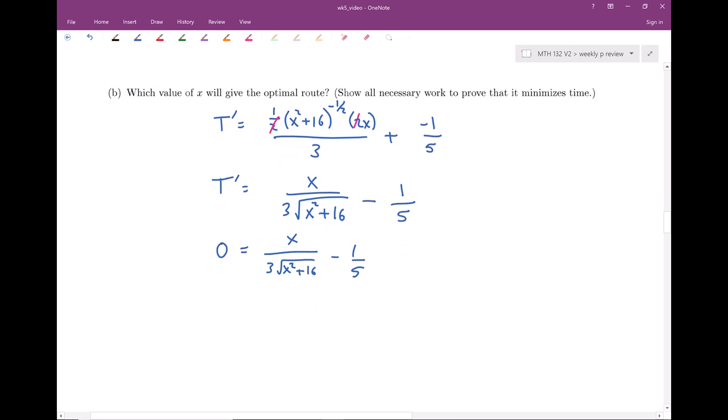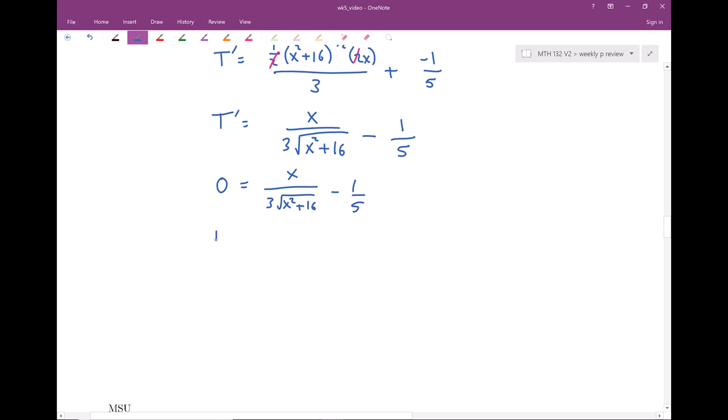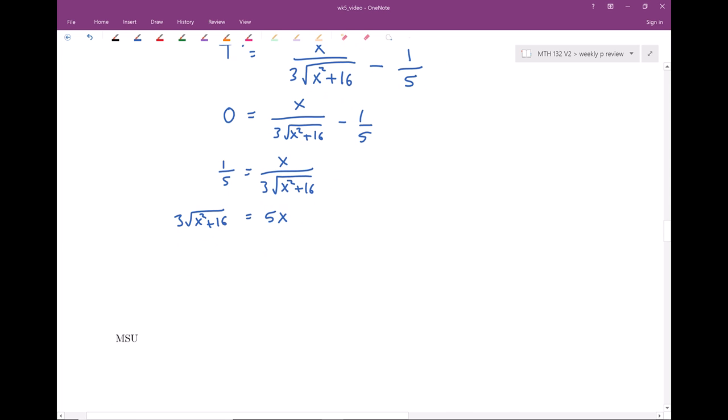So, okay, now let's go ahead and solve this. I'm going to have 1/5 is equal to x divided by 3 square root of x squared plus 16. Let's cross multiply. So I'm going to have 5x is equal to 3 square root of x squared plus 16. Now I'm trying to solve for x here, so maybe I should square both sides, right?